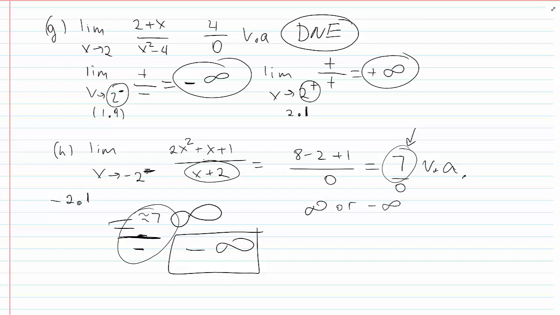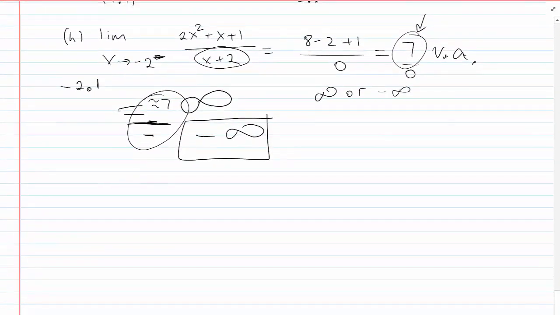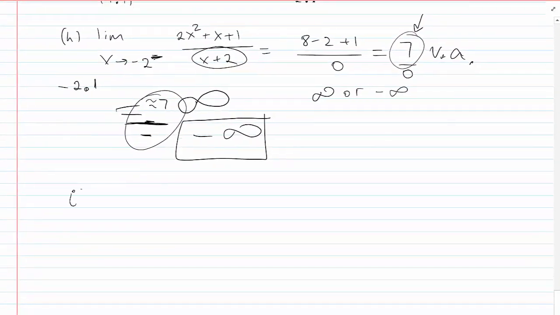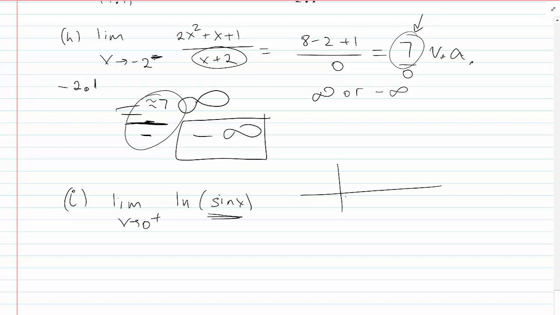Alrighty, and the last limit question, I, is the limit as x approaches 0 from the right of the natural log of sine of x. Okay, this is the graph of sine. You're approaching 0 on the right side.